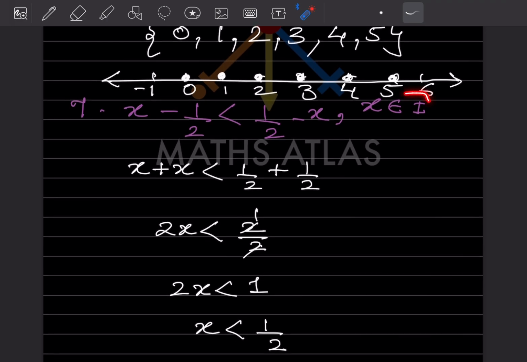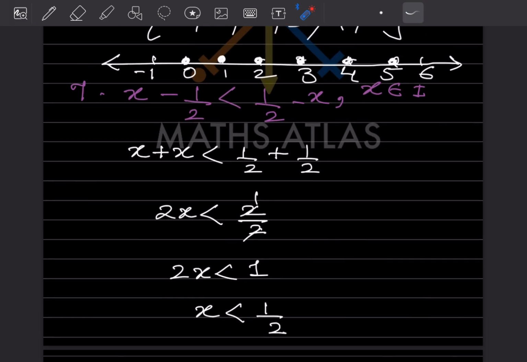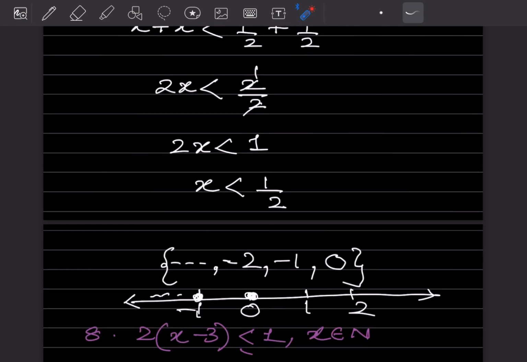Here again, the integers means here x will go on the other side, that is going to be plus x. So this is going to be plus 1 by 2. So this 2x will be less than, here is 2. So 1 plus 1 is going to be 2 by 2, which is going to be 1. So here 2x will be 1. So x is going to be 1 by 2. And these are the integers, 1 by 2 means that is going to be 0.5.